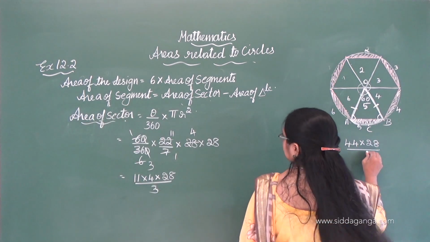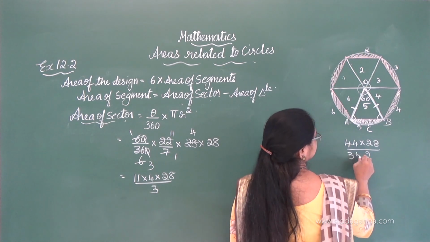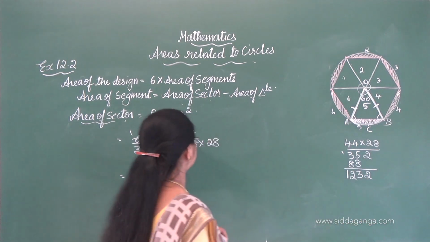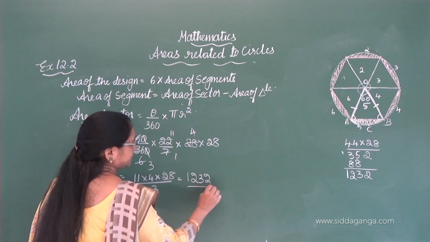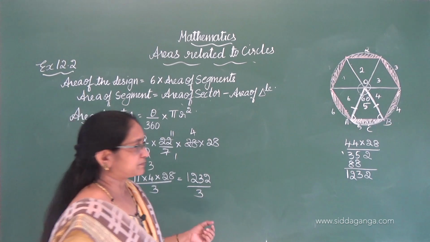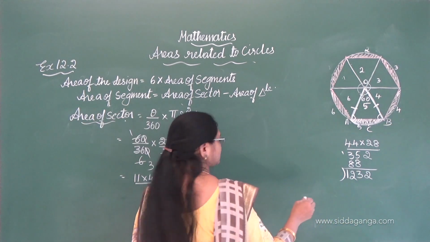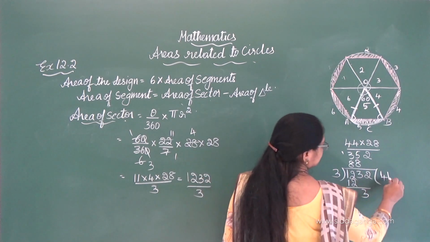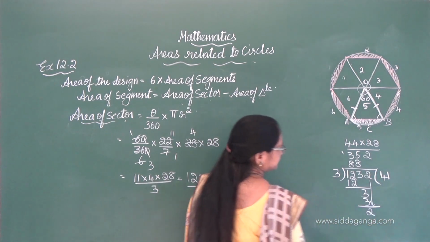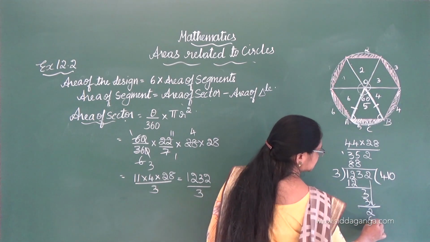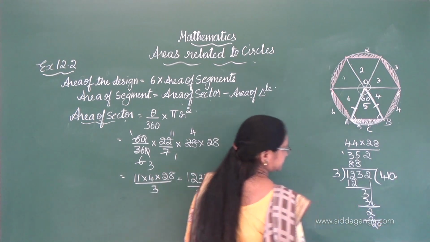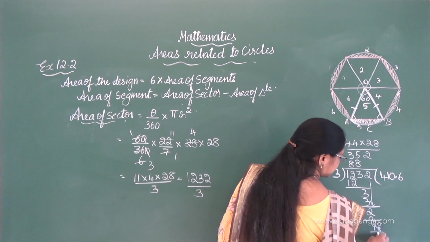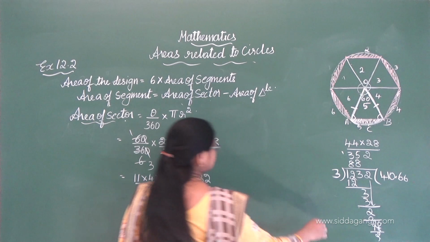Now working out the multiplication, this gives 1232 divided by 3. So I am going to divide this by 3. 3 fours are 12, then 3 ones are 3, then 2, and continuing the division, we stop at 2 decimal places.